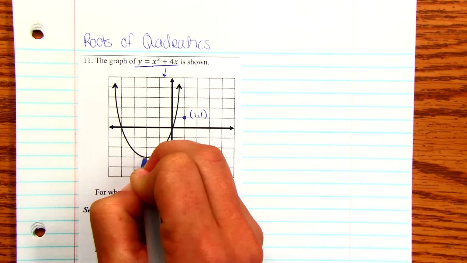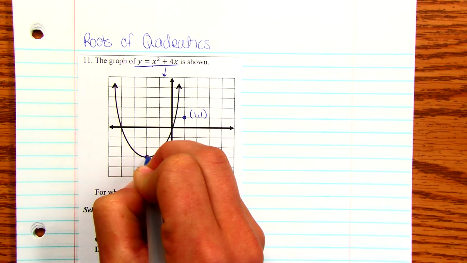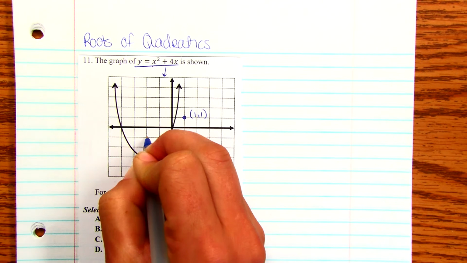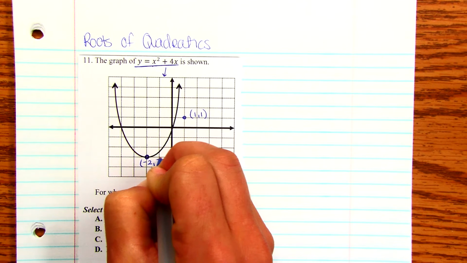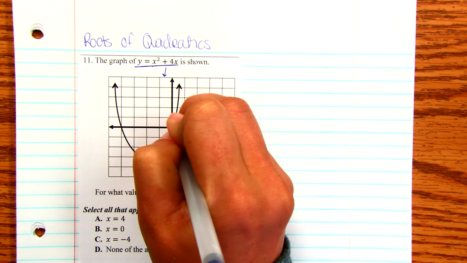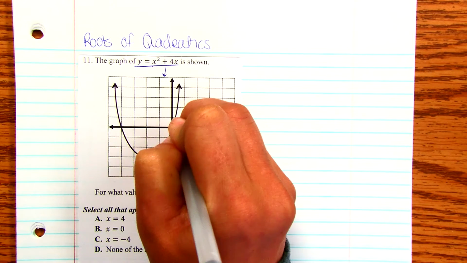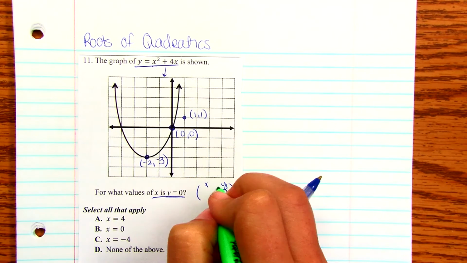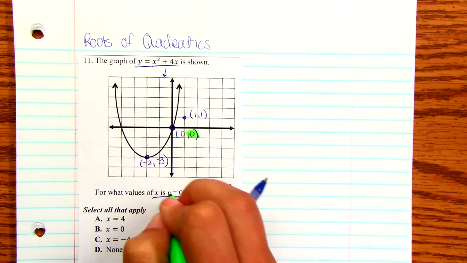This coordinate here, which is one on the graph, is negative 2, 1, 2, 3, negative 3. And then this coordinate here, for example, this is 0, 0, which is what we were looking for, because that's a coordinate where y equals 0.